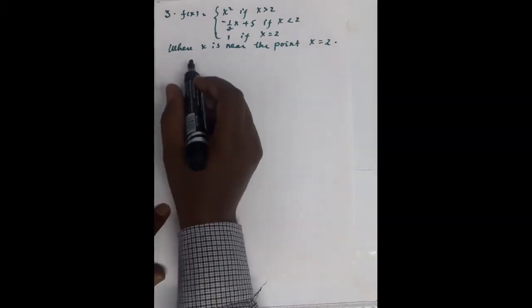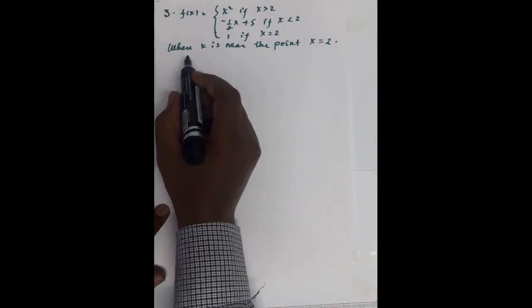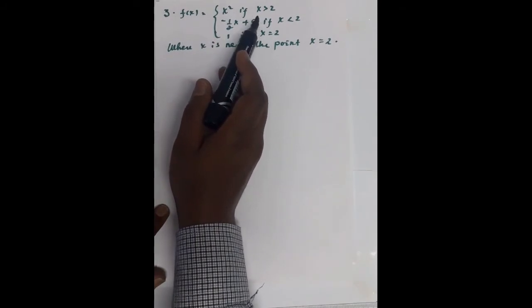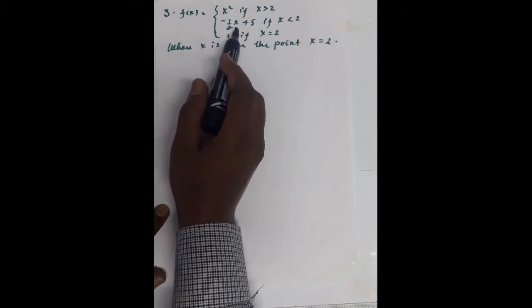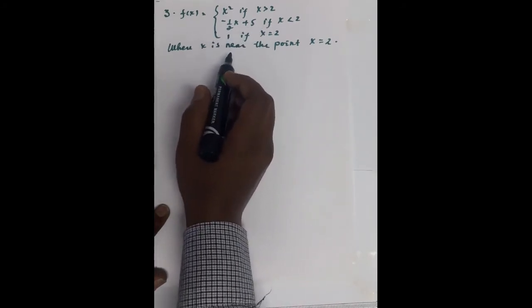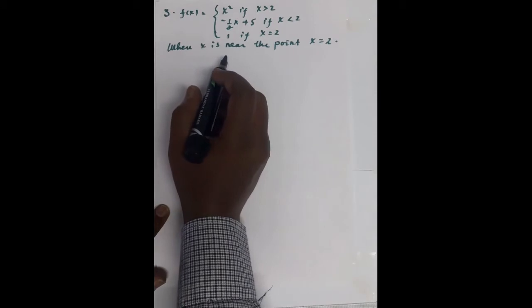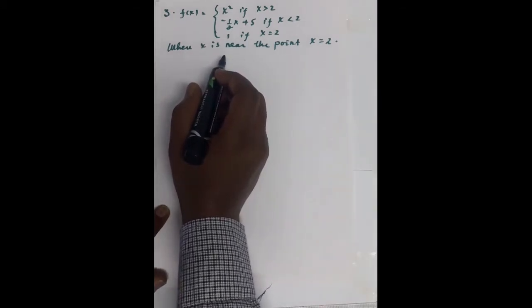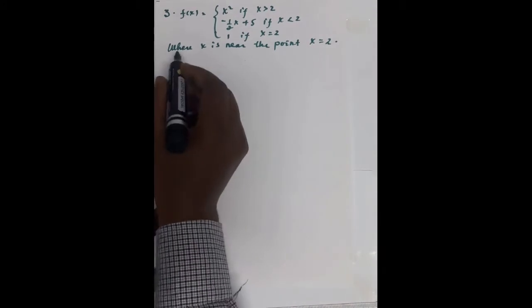The third property of a limit is the function f of x, which is x squared if x is greater than 2, minus half x plus 5 if x is less than 2, and 1 if x is equal to 2, where x is near the point x equals 2.